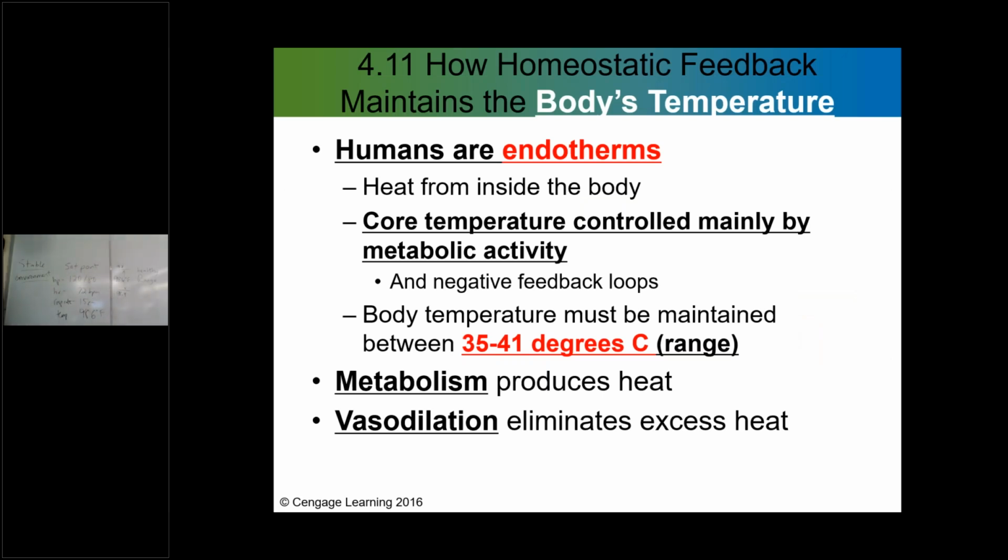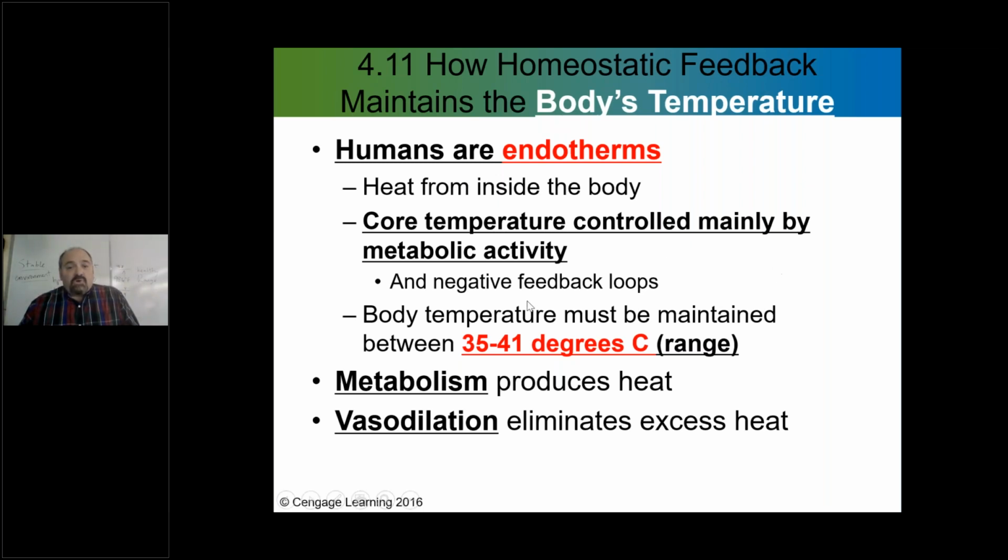Now, this next slide here is showing you just what I mentioned to you before, that when we just walk around, we just do what we do, we produce heat within our bodies. We're endotherms. We have heat from inside the body as a result of contraction of muscles and such.